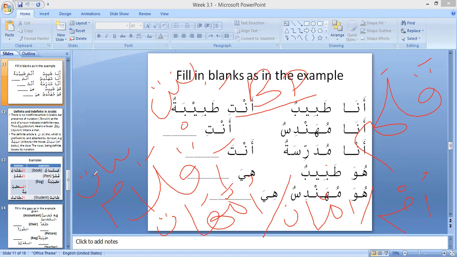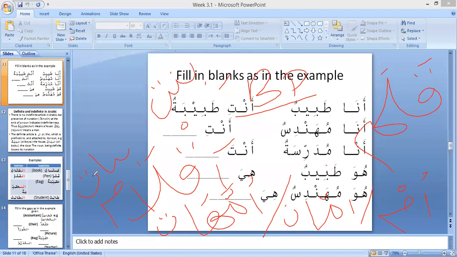Muhandisun. That's right, Adim. Then antunna, which is you plural female, muhandis becomes what? Muhandisat. That's right, Farhaz. Because antunna is you plural female.